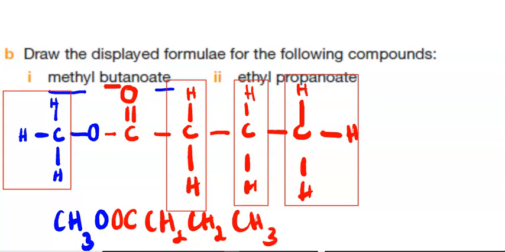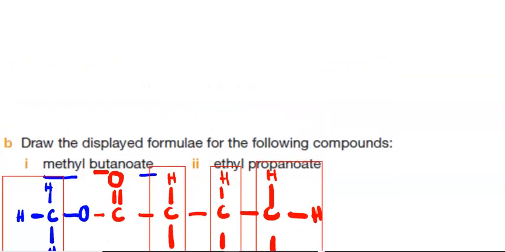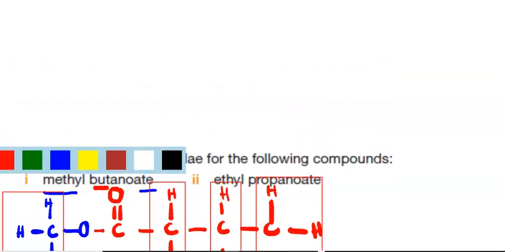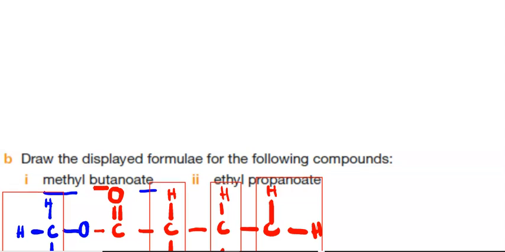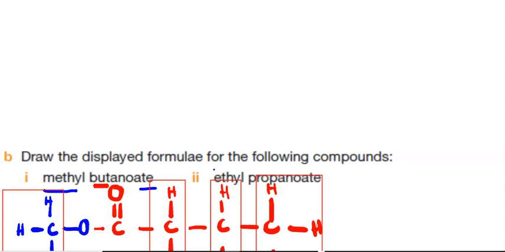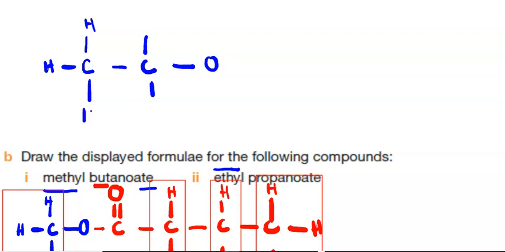And the same is the case with ethyl propanoate. See, we need to draw ethyl propanoate in a similar way. Ethyl means this one is the alcohol part. So you need to draw 2 carbons directly linked with oxygen, right? And you just need to complete the number of hydrogens: 1, 2, 3, 1, 2.